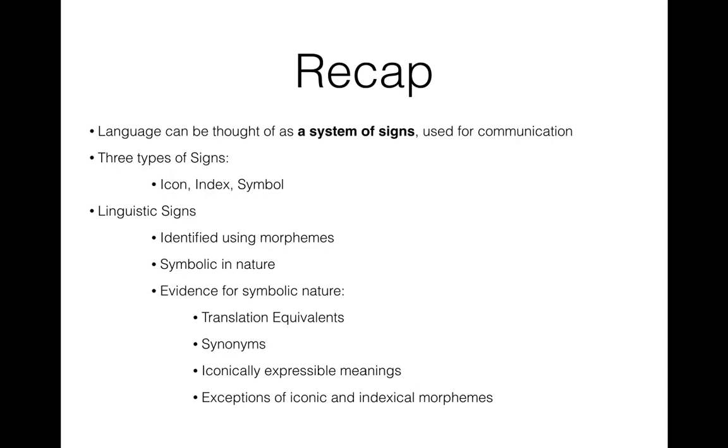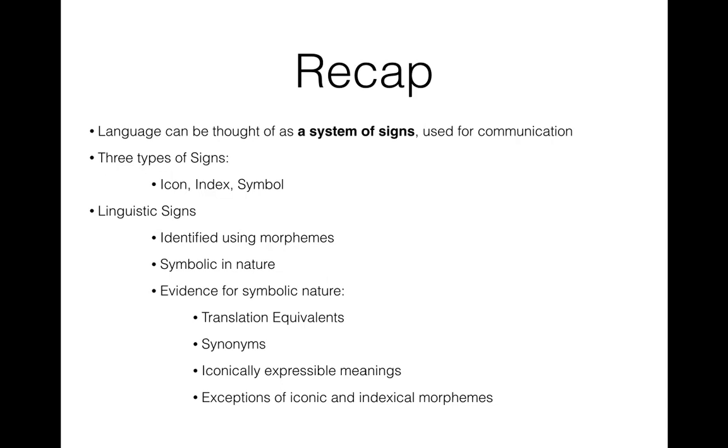We also looked at translational equivalence in language. When you had the word for dog in English, Spanish, and Amharic, they are completely arbitrary in nature, which suggests that it's symbolic. And also synonyms, right? You have multiple synonyms for words.